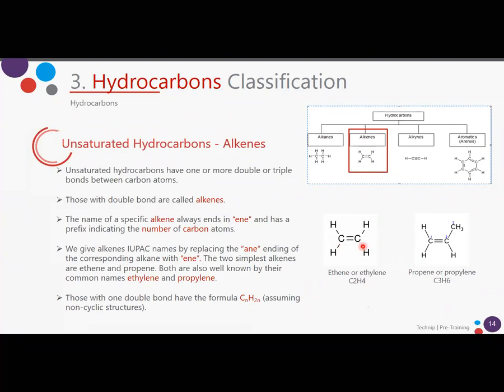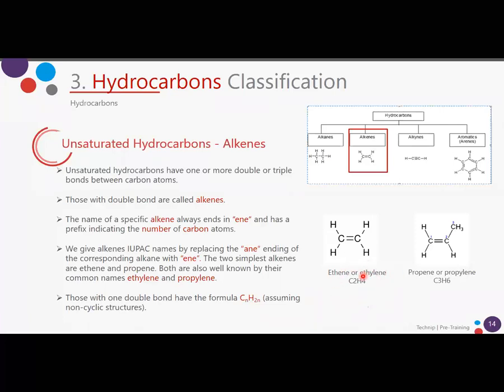There are two carbons with a double bond and 4 hydrogens. According to the IUPAC, you should name it ethene, but I'm sure that you have heard a lot more ethylene than ethene. So it's the common name for this alkene.